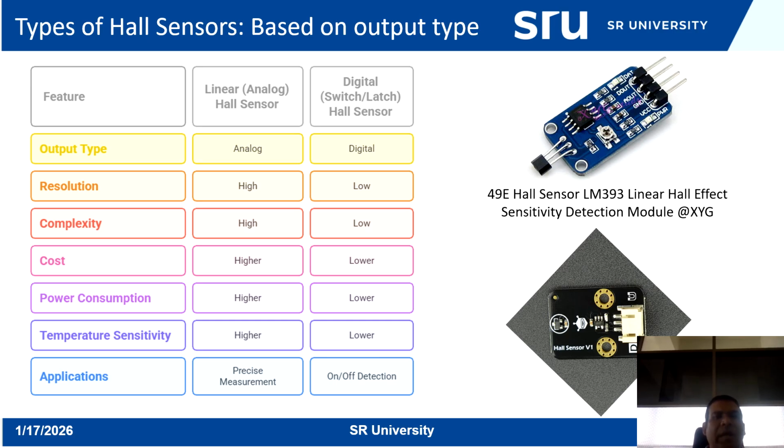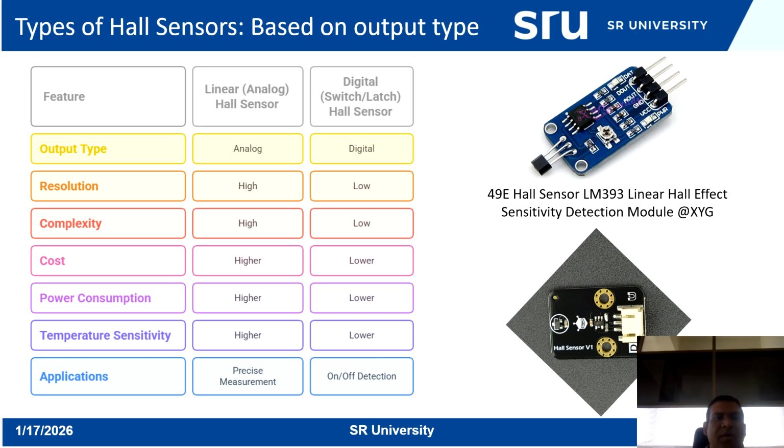Then digital switch or latch Hall sensor. This sensor compares the magnetic field with an internal threshold and produces on-off output. There are three types of such Hall sensor. First one is called unipolar Hall sensor.